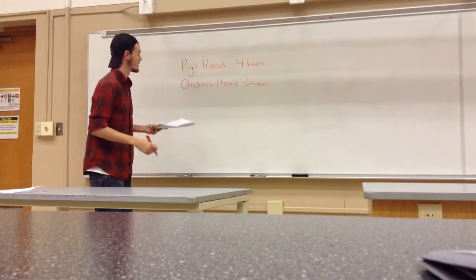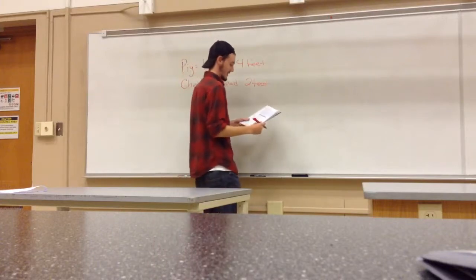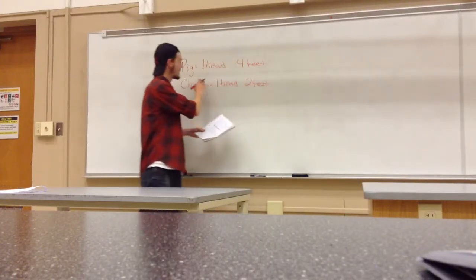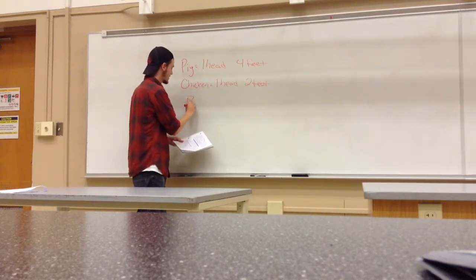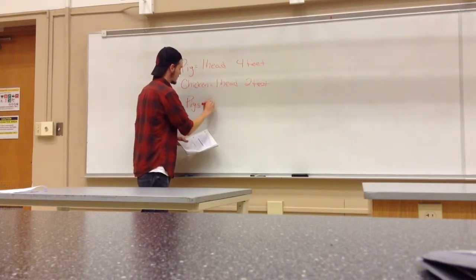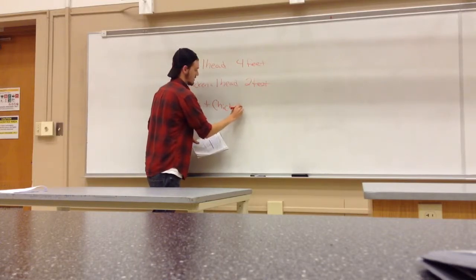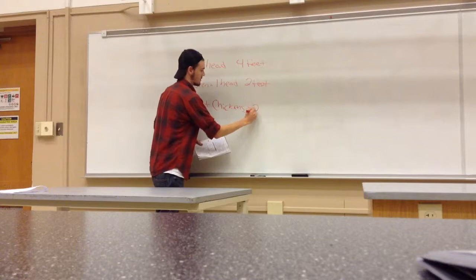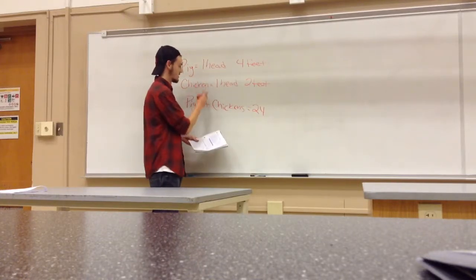Now to solve this, to start out, you might think, I'll just use trial and error. And if we do that, we know that each animal has only 1 head, so the number of pigs plus the number of chickens has to equal 24, because the farmer told his daughter that he saw 24 heads.